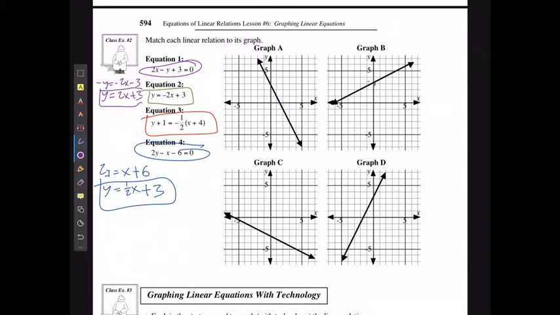This one has a y-intercept of 3, and I should be able to go up 2, right 1. That one also does not work. We can see through the process of elimination that the only one that has a point of 3 and goes up 2 and right 1 is going to be graph D. We can call that equation 1.